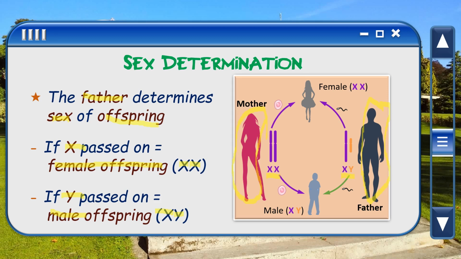The father is XY. So the egg, which is X, and the sperm, which is also X, will give a girl, XX. The egg, which is X, and the sperm, which is Y, we shall get a boy who is XY.